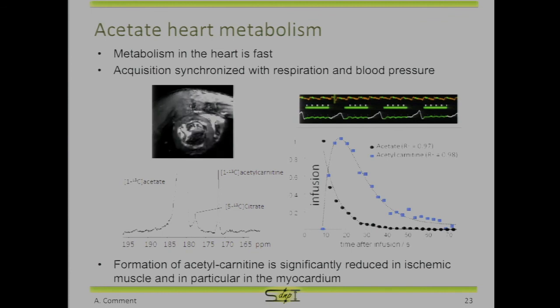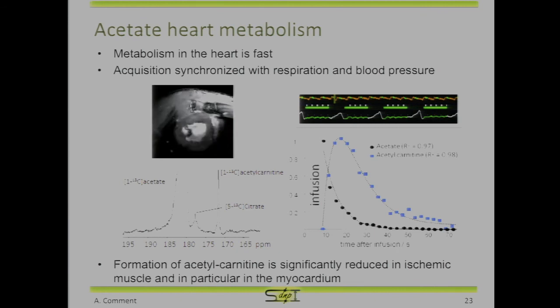This is an MRI image, just to show that we have our coil here. It's too bad because the spectrum doesn't really come out very nicely, but it doesn't matter. Basically, we do the same. We inject acetate into the heart, and you see the production of acetylcarnitine and also citrate. So it goes into the TCA cycle, and again, you can do that as a real-time measurement.